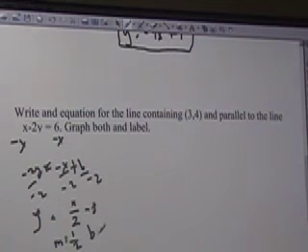And now we use that information, write an equation for the line containing (3, 4) and parallel to this line. Well, parallel to this means it has the same slope.